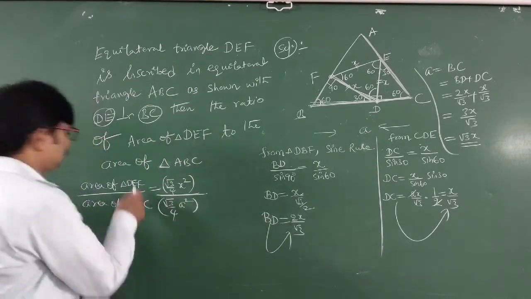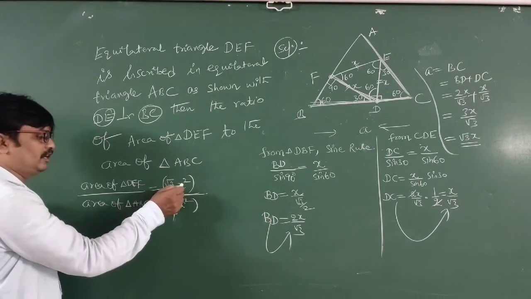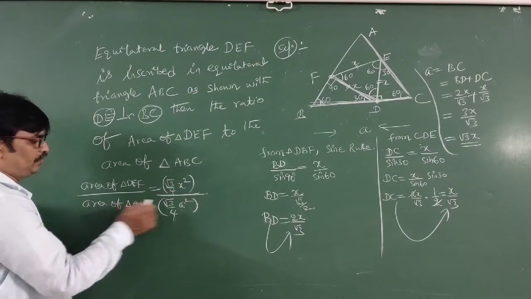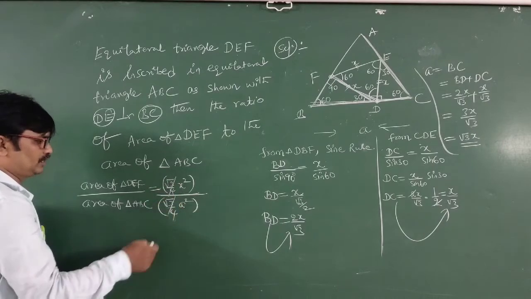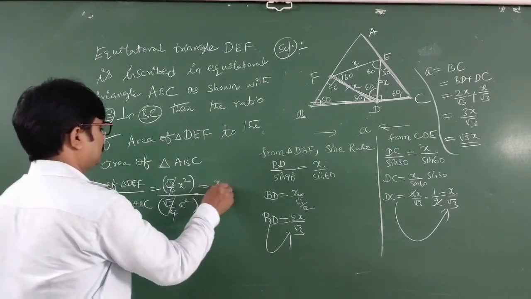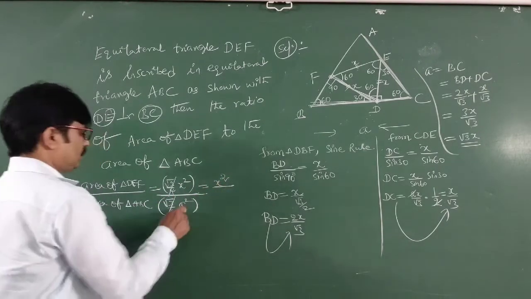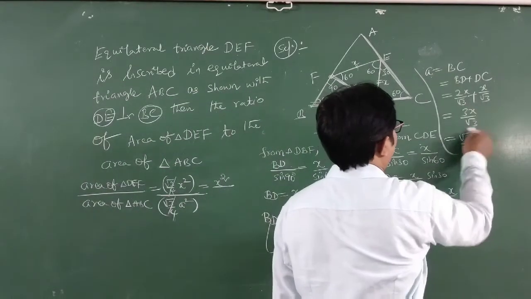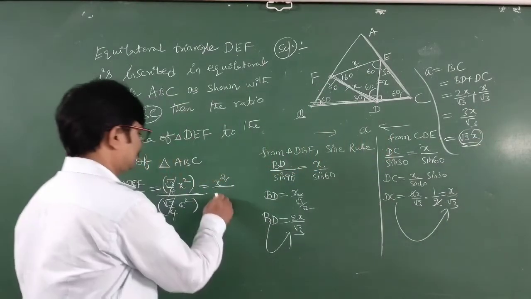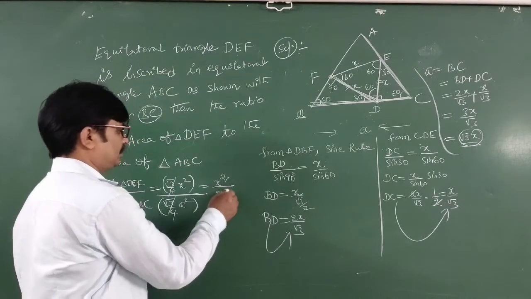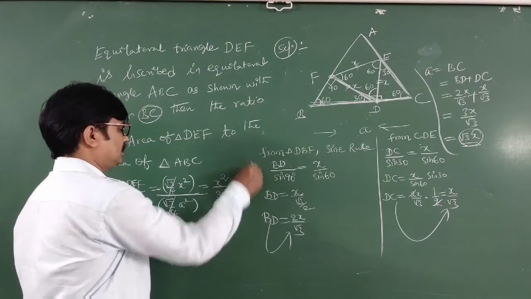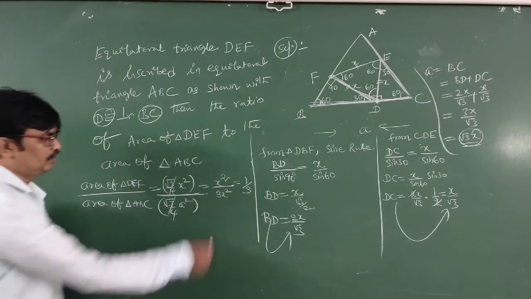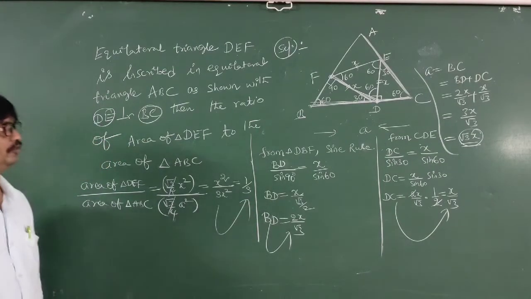Root 3 by 4 is cancelled. So x square by a square, and a square is 3x square. The x square term is cancelled, so 1 by 3 is the required answer.